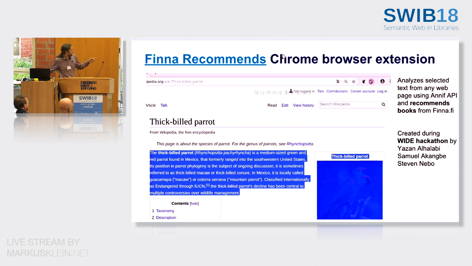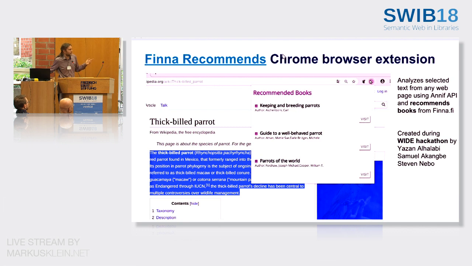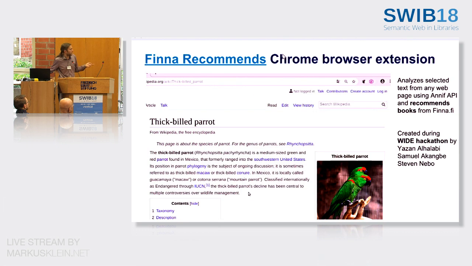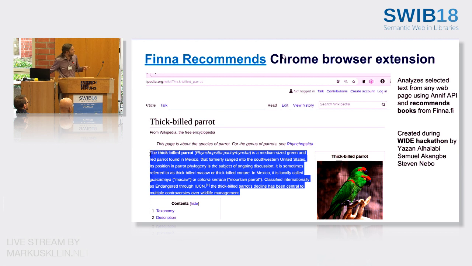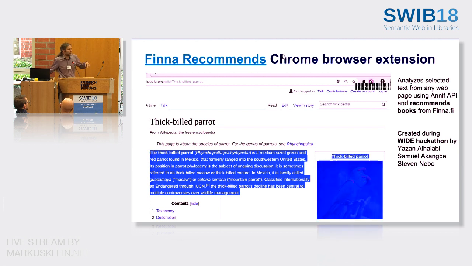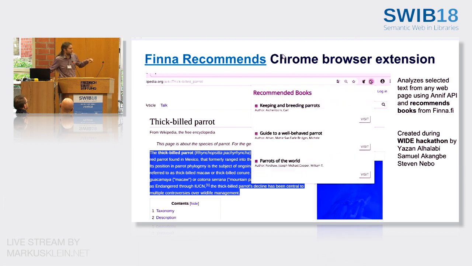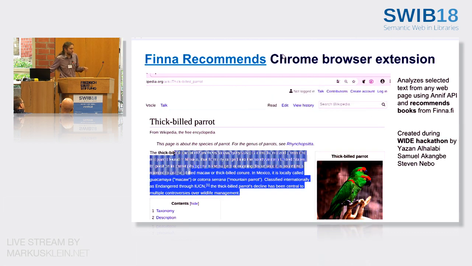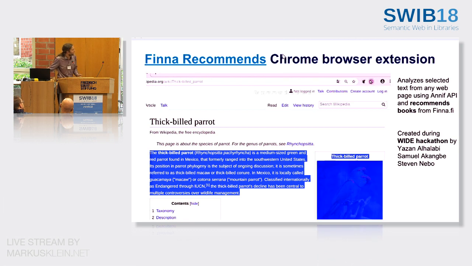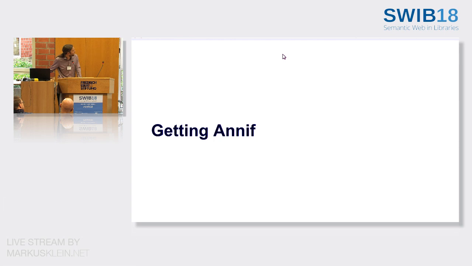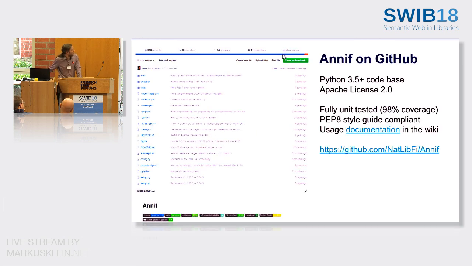So first you select some English language text in this case, from any web page, and then you press the button, and it will suggest books about the subject of the text. So it will analyze the text using Annif, figure out what it's about, and then search books on the topic. That's really neat.